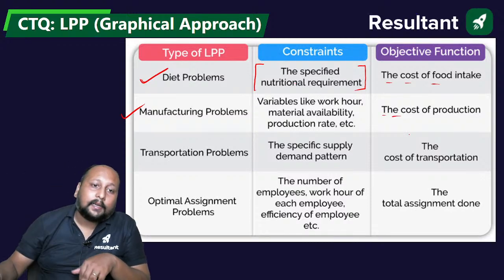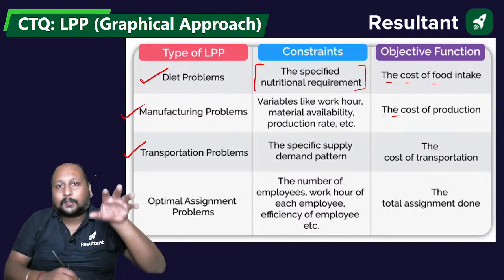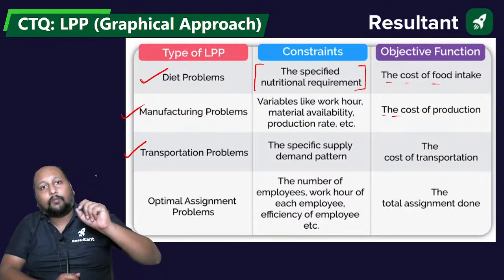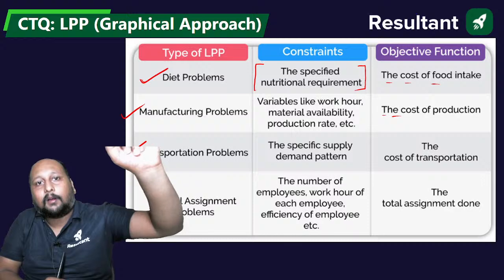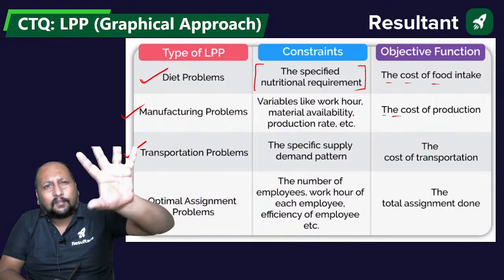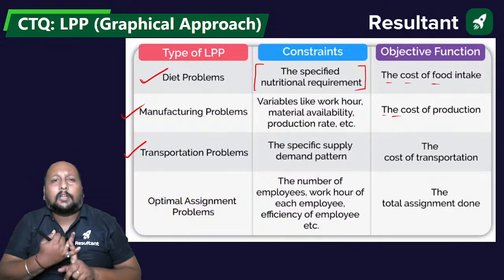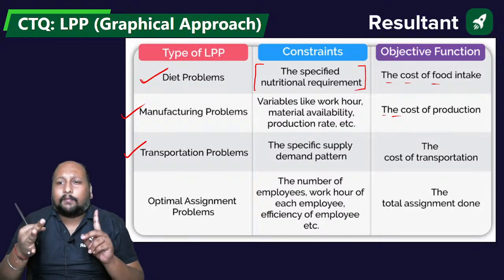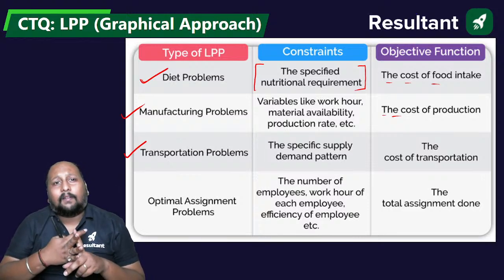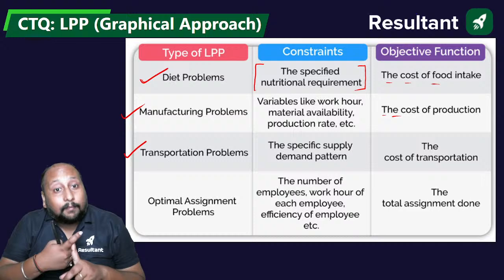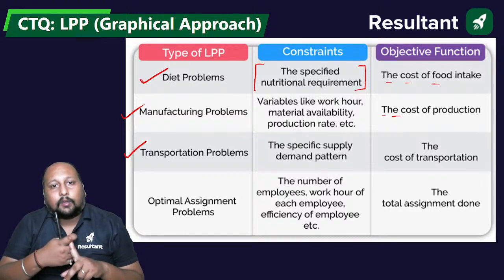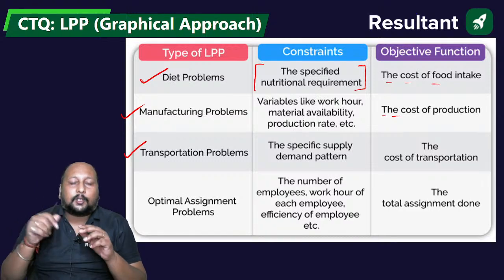The third is a special case of LPP. You will be seeing the transportation problem, where we'll be using five different methods: the northwest corner rule, the row minima, the column minima, Vogel's approximation method, and the matrix minima method.